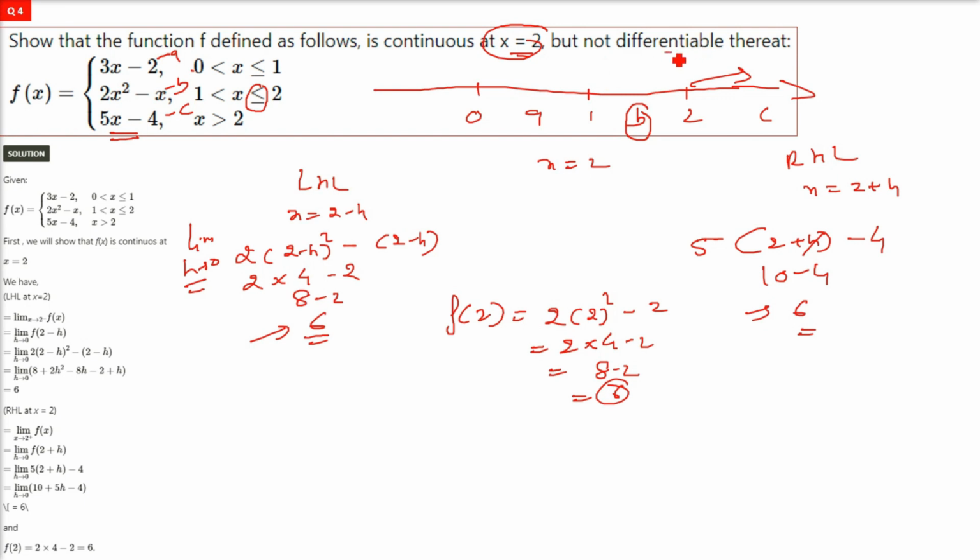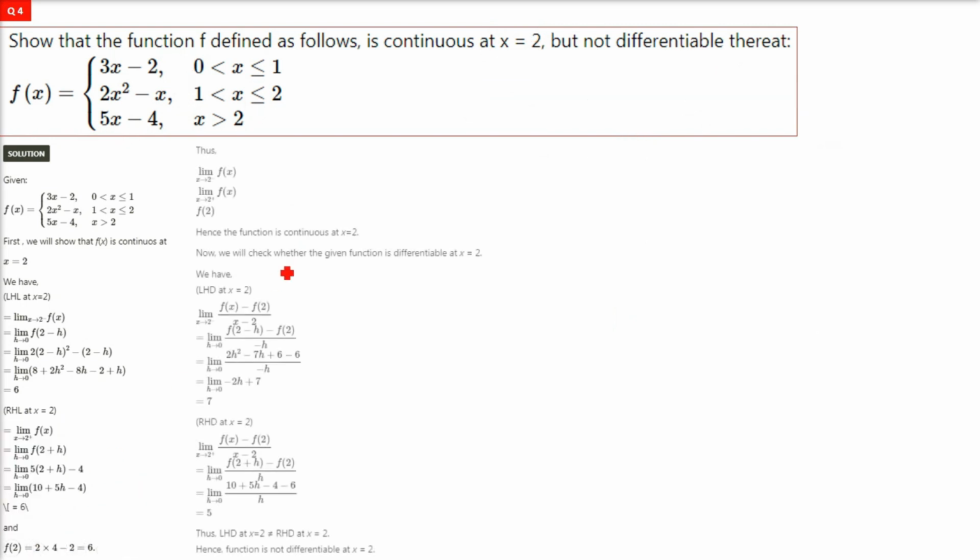Now next thing is the differentiability. In order to find out the differentiability, we have to take a step ahead. So what is the step ahead? Please remember, the LHL and RHL we have found out. Here we are going to find out the LHD and RHD, left hand derivative and right hand derivative, again at the point 2. So left hand derivative will be limit x tends to 2 minus, just to show that we are going a bit backwards.